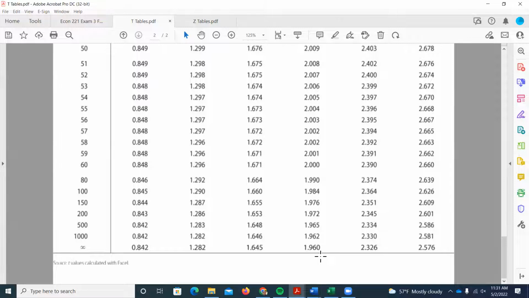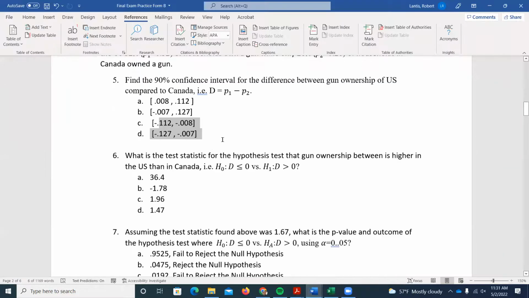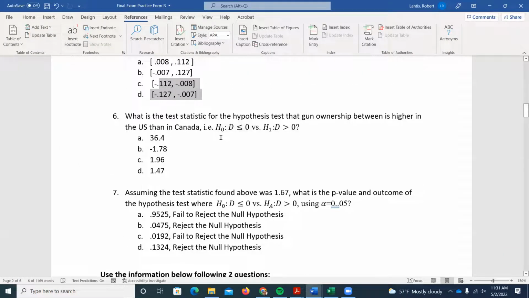Questions? So the next one, we've been given a null and alternative hypothesis, but let's think about how we would identify it. I'm asking about the test statistic and whether or not gun ownership is higher in the US than in Canada. So how did I come up with this null and alternative hypothesis?